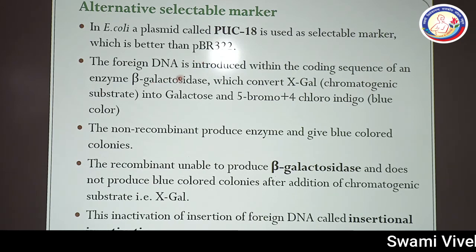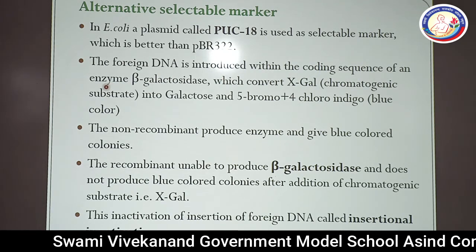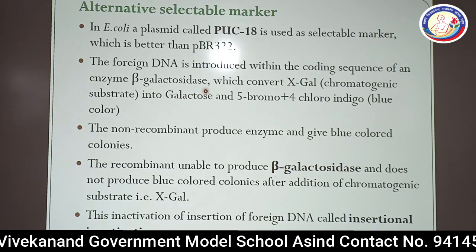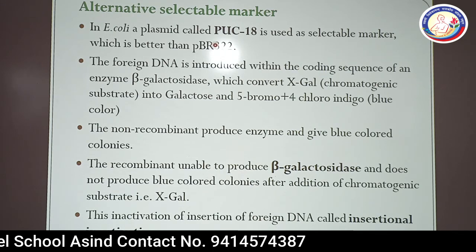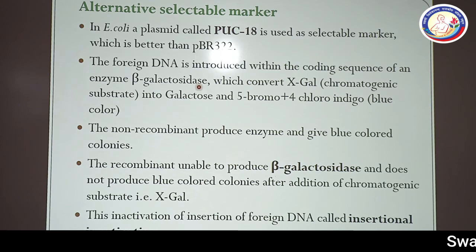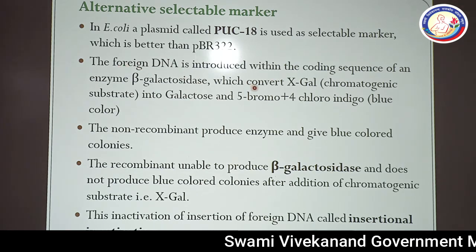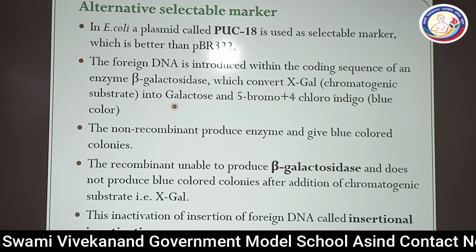The foreign DNA is introduced within the coding sequence of the enzyme beta galactosidase. There is a gene that encodes the beta galactosidase enzyme, and in this sequence we will insert the foreign DNA.